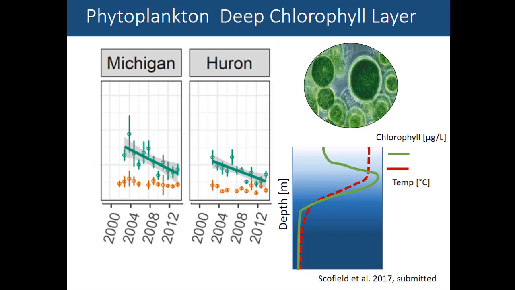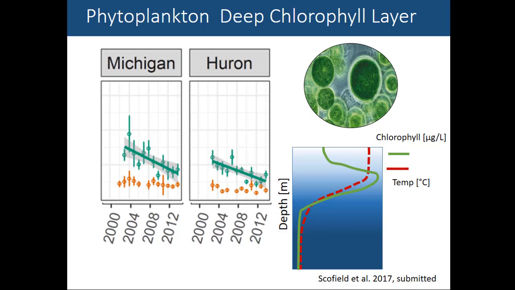Water clarity, what we talked about here, was surface waters, the epilimnetic values. We also have chlorophyll deeper down under the thermocline. And when you get lower productivity lakes, you often get a peak in chlorophyll below the thermocline because there's enough light there for phytoplankton to grow.